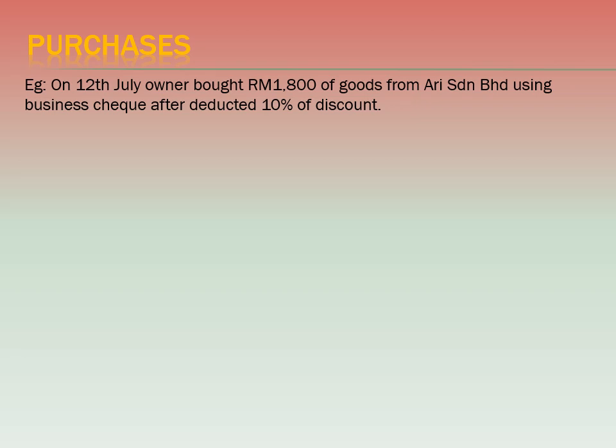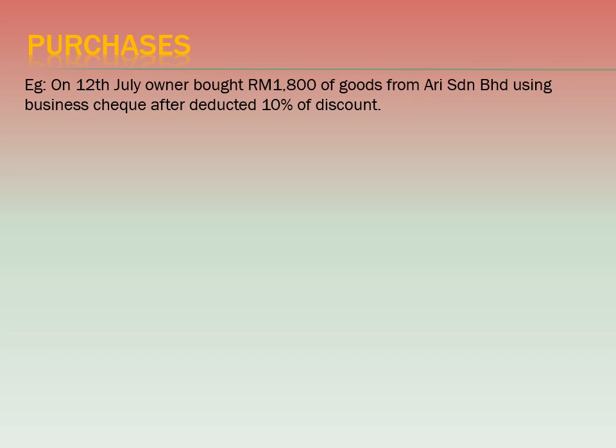On the 12th of July, the owner bought 1,800 ringgit value of goods from Aris Berhad using a business cheque, meaning they used money in the bank, and it says here after deducting 10% discount. So you will take the value of the goods as 1,800 ringgit, because it's already said after deducting 10% discount.